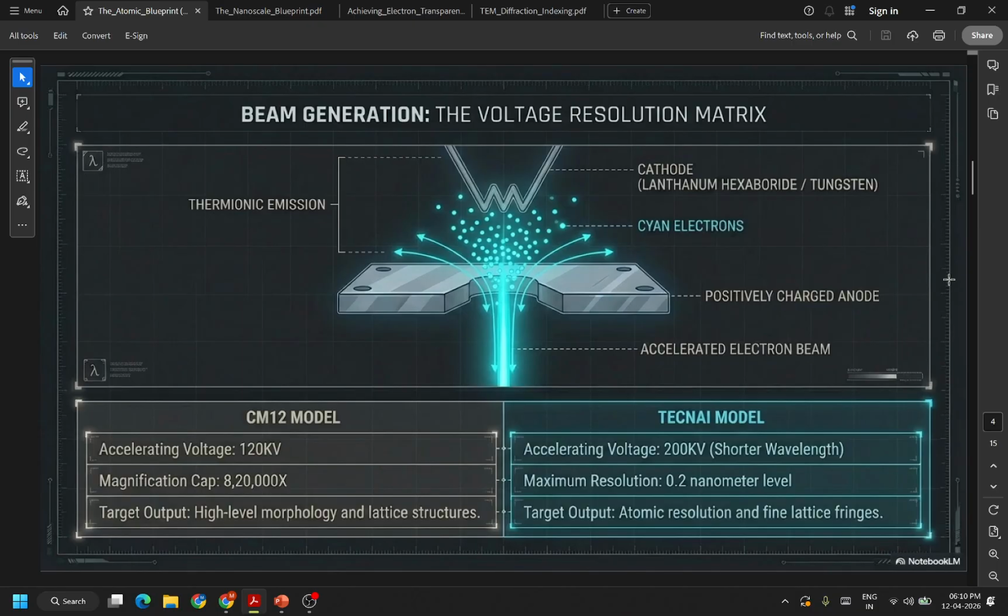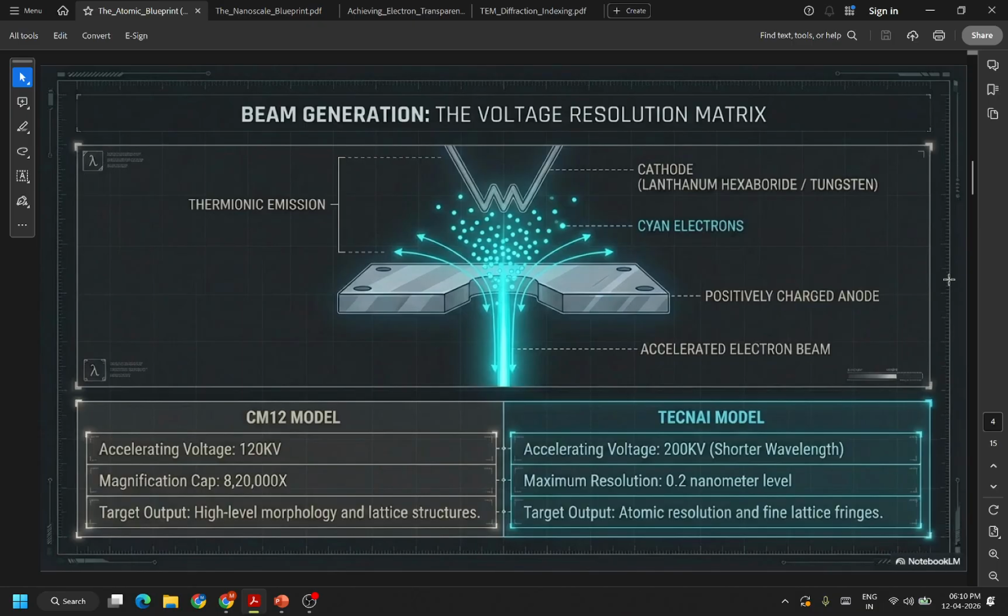You can see here we are talking about two different models. One has an accelerating voltage of 120 kilovolts. Another has 200 kilovolts. So the 200 kilovolts will have a shorter wavelength, that means it has a higher resolution, and that is why it can be used to view finer things.